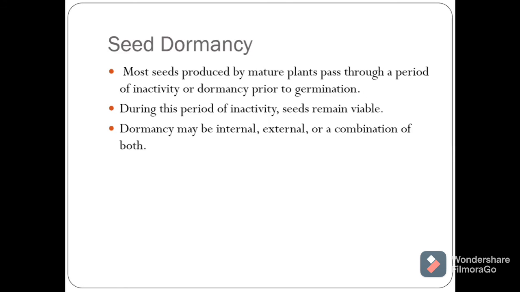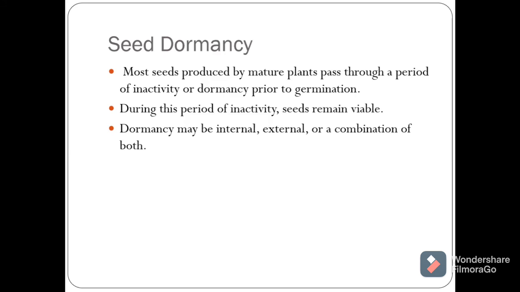Now seed dormancy. Seed dormancy also affects the seed germination, right? Most of the seeds produced by mature plants pass through a period of inactivity or dormancy prior to germination, right? Many seeds require this dormancy to be broken before germination.